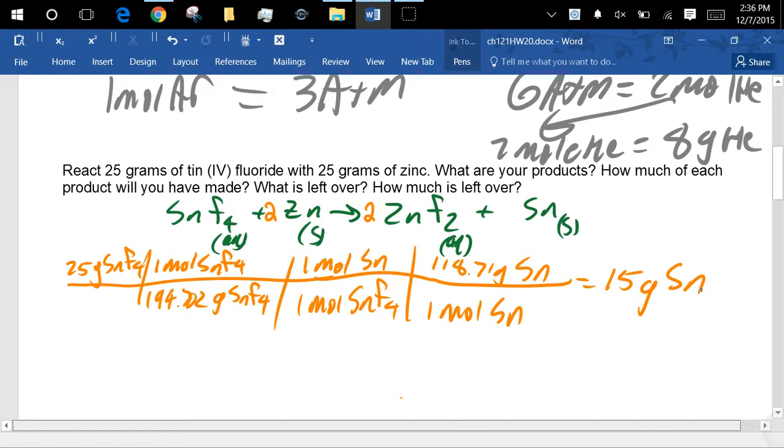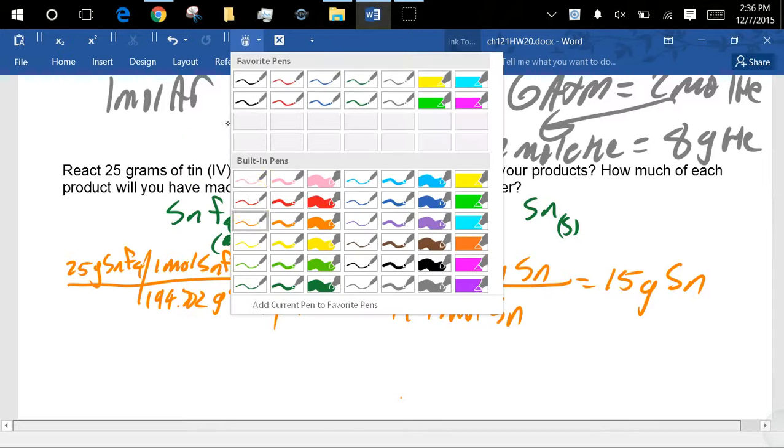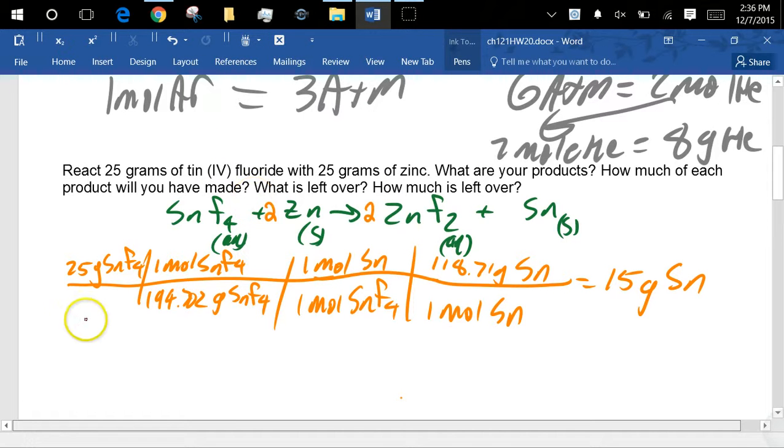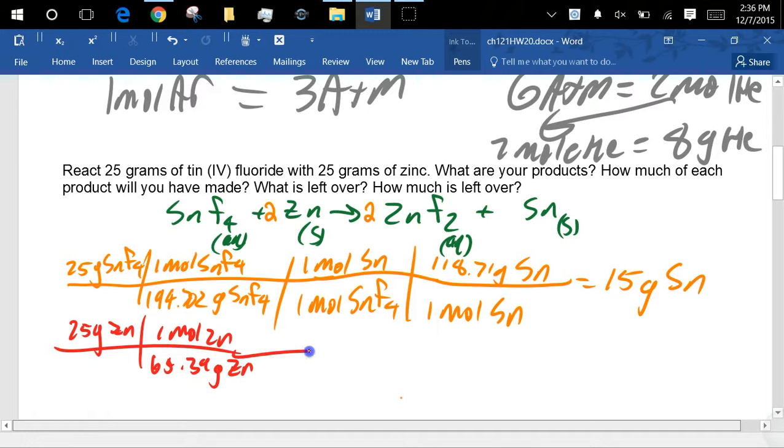Alright, so then I'll do 25 grams of zinc, 1 mole of zinc, and it's 65.39 grams of zinc. Every 2 moles of zinc, I'll make 1 mole of tin.